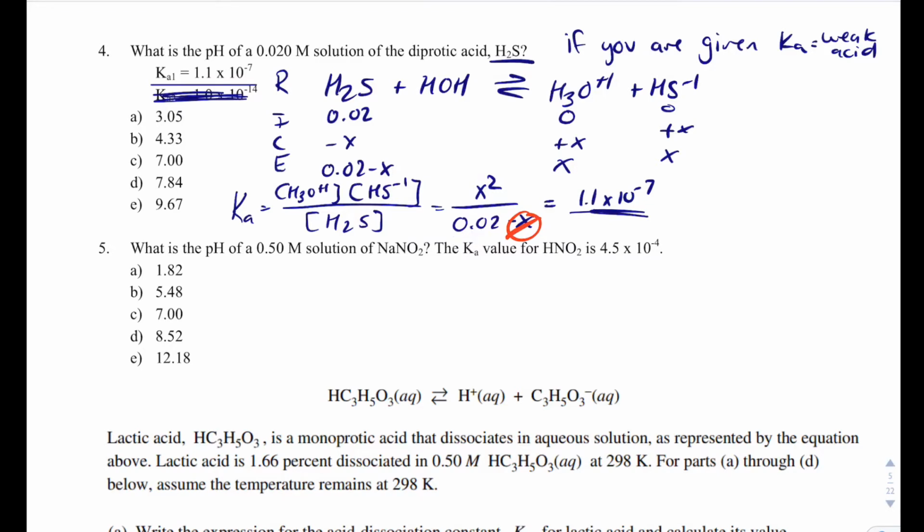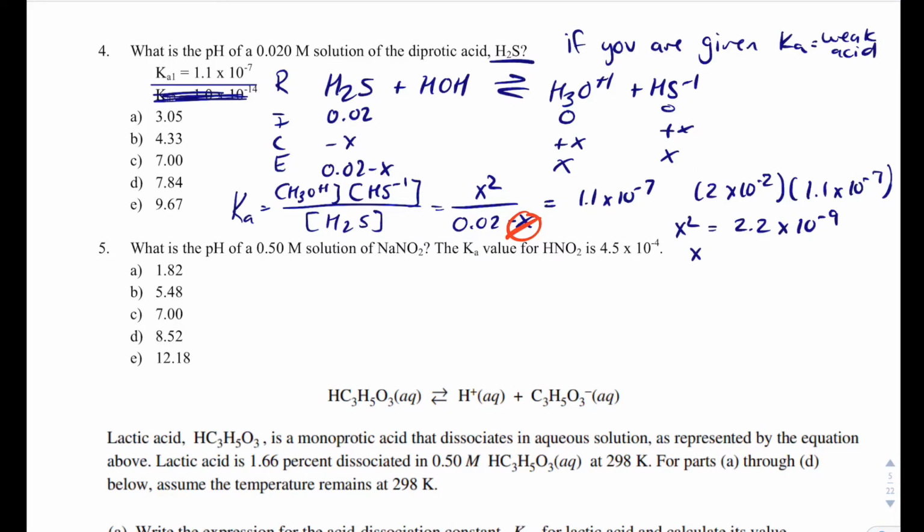And that's some hard math, but let me show you how to do it kind of mental math. We're going to take 2 times 10 to the minus 2 times 1.1 times 10 to the minus 7. And what we should end up with is 2.2 times 10 to the minus 9 equals X squared.